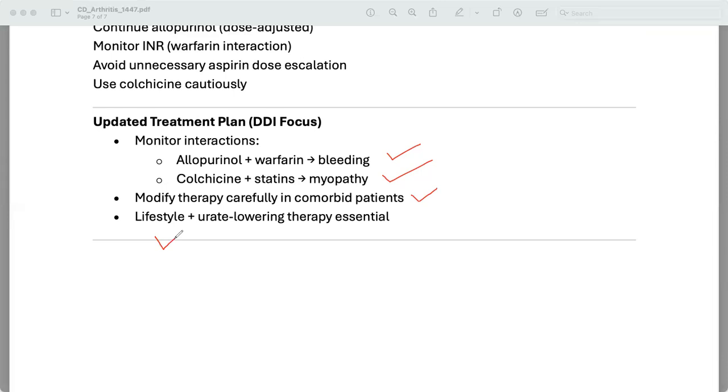A diet rich in protein and purines should be avoided. Urate-lowering therapy is essential. So these are the management plan for the gouty arthritis.